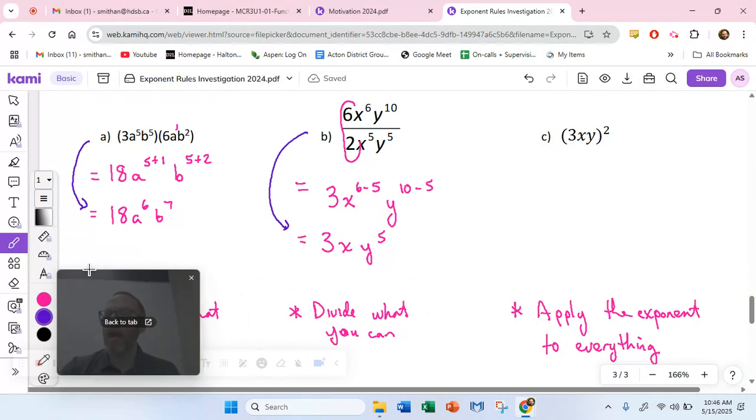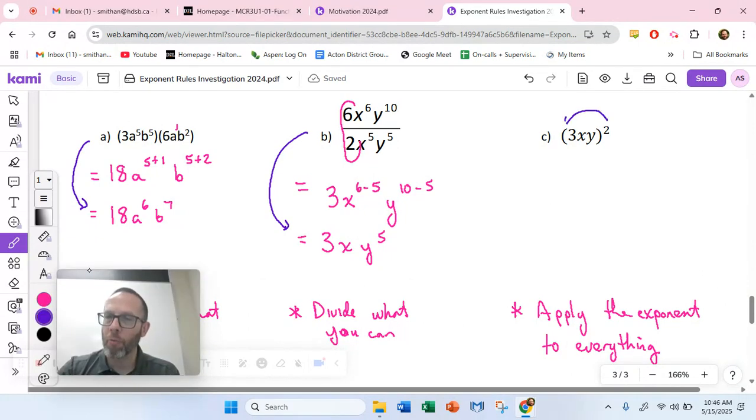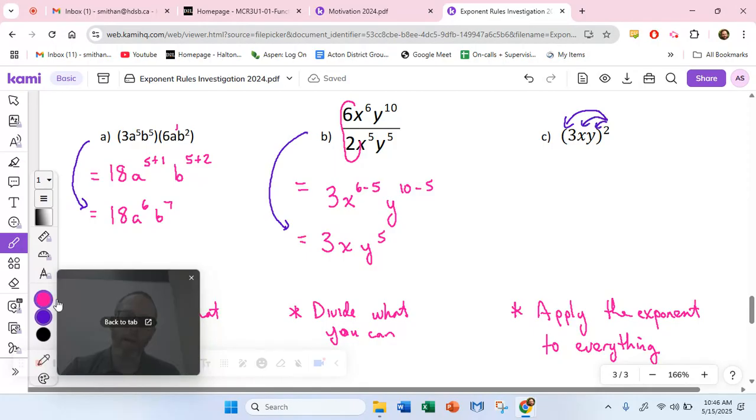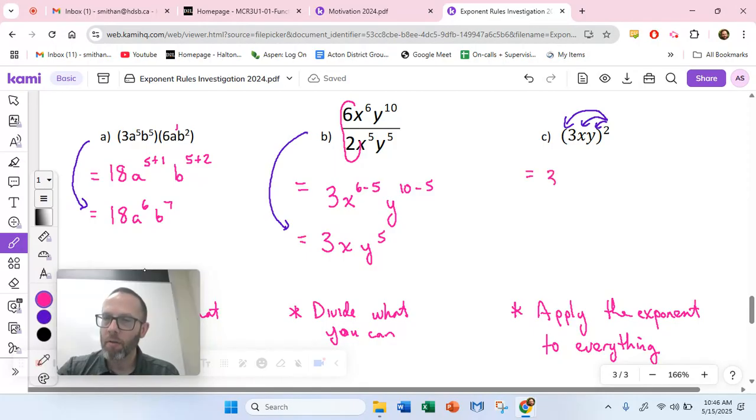So when we're doing 3xy squared, we have to do 3 squared, x squared, and y squared. Square 3, square x, and square y. Basically square everything. And we wouldn't just leave 3 squared as it is. We know 3 squared is 9. This would be equal to 9x squared y squared.